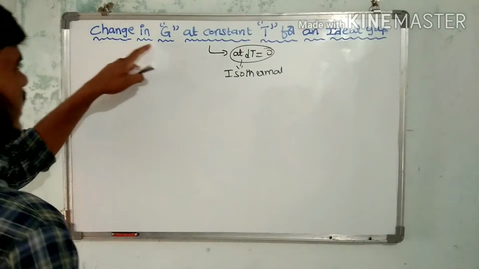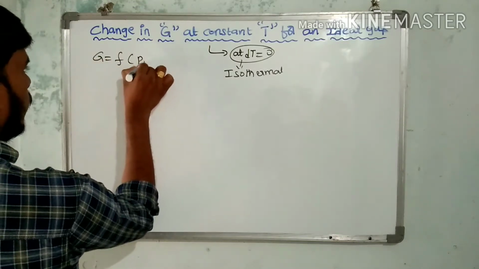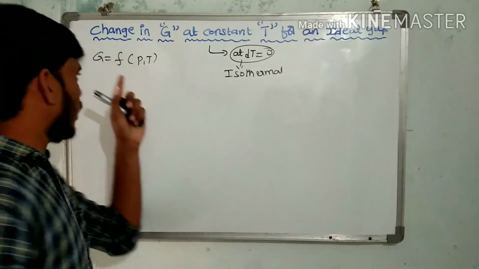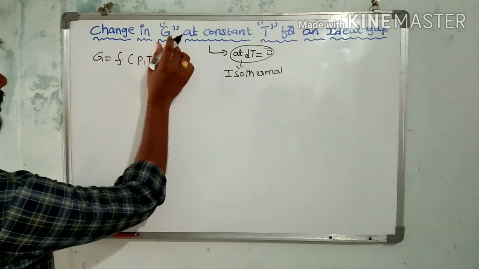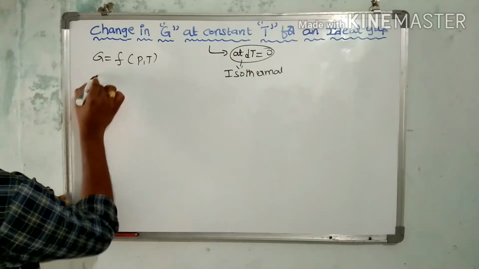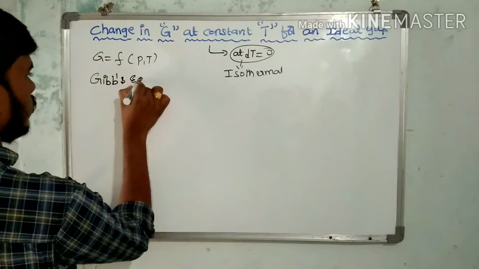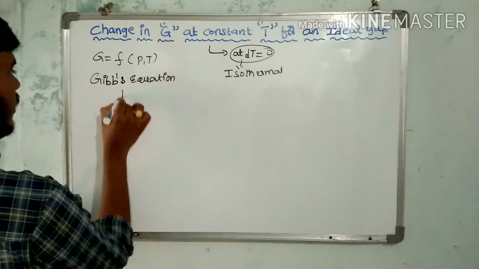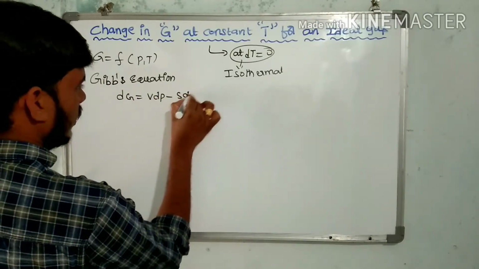Now, the change in Gibbs free energy. Gibbs free energy is a function of pressure and temperature. You already know what Gibbs free energy is from my previous class. It is a function of P and temperature. Now the change in Gibbs free energy, according to the Gibbs equation, is dG equals VdP minus SdT.